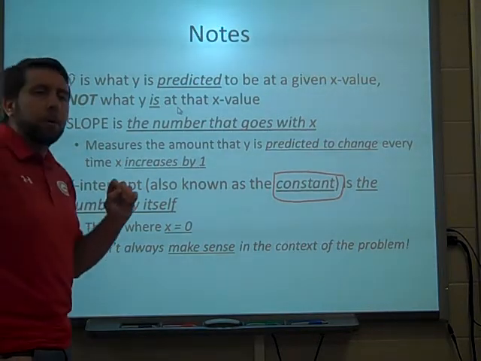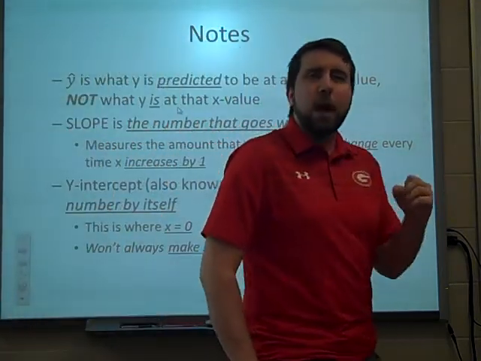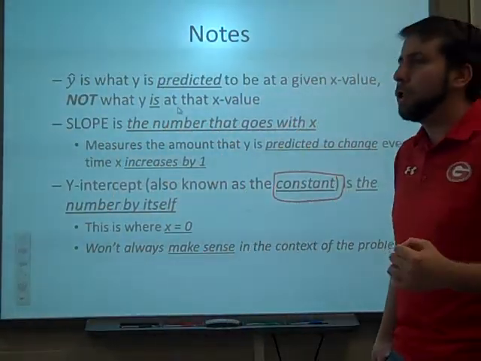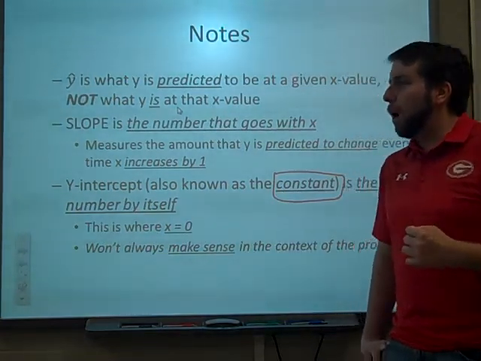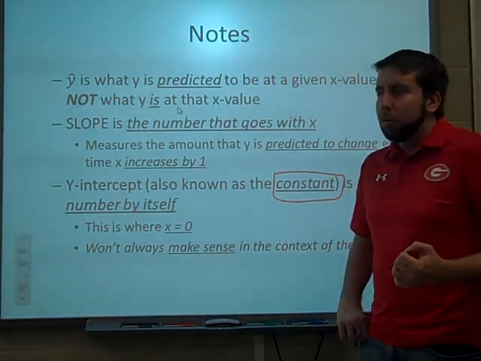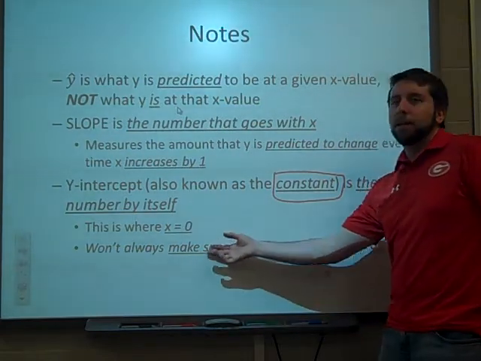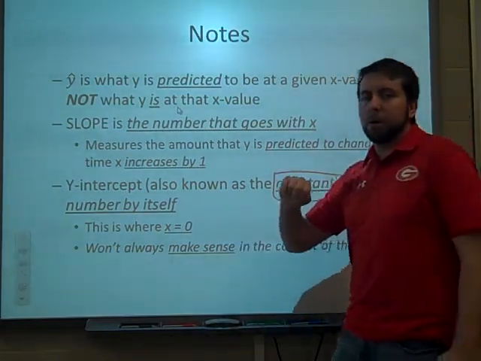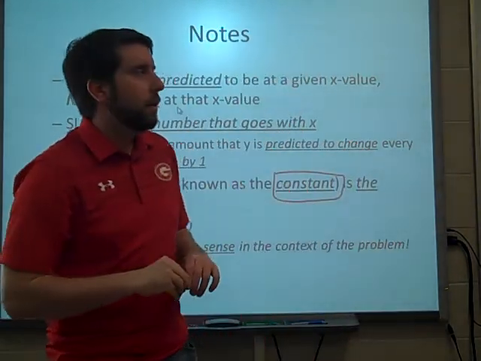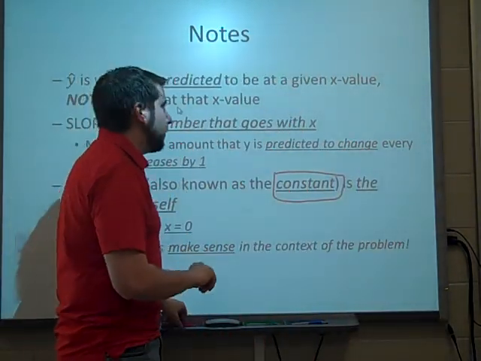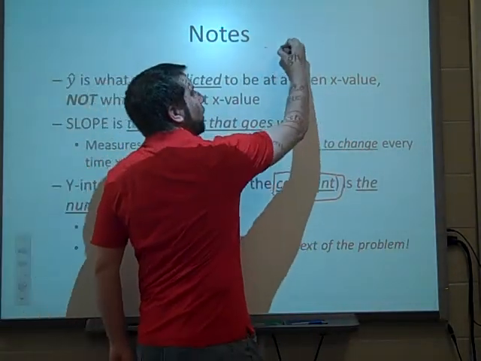That's important because when interpreting it, if it asks what the y-intercept of this regression equation means, you'll say that when x equals 0, here's what y would be predicted to be. It won't always make sense. For example, in our regression equation on heights versus foot lengths, our y-intercept was negative 5.125.